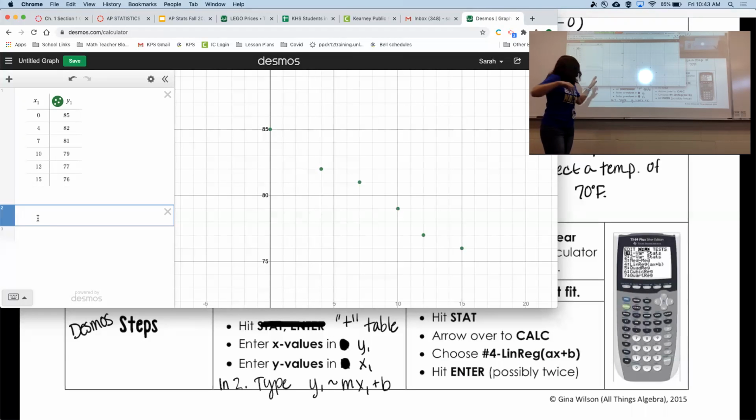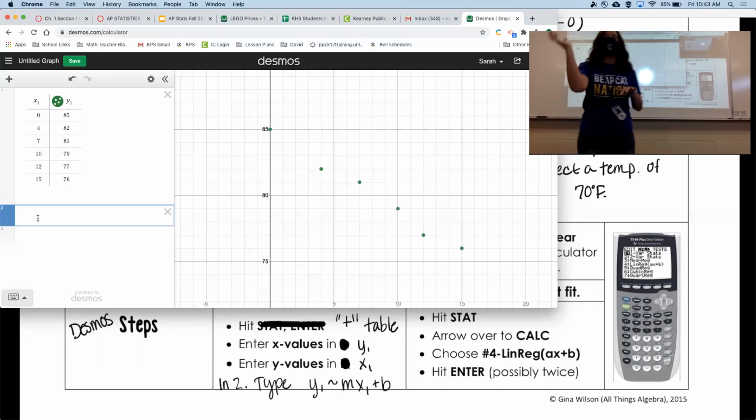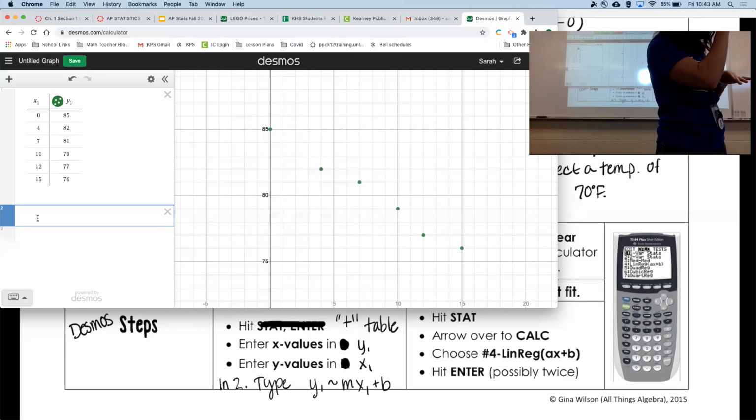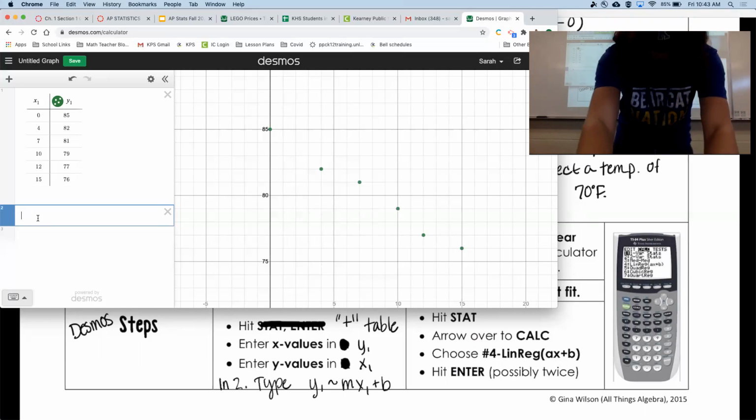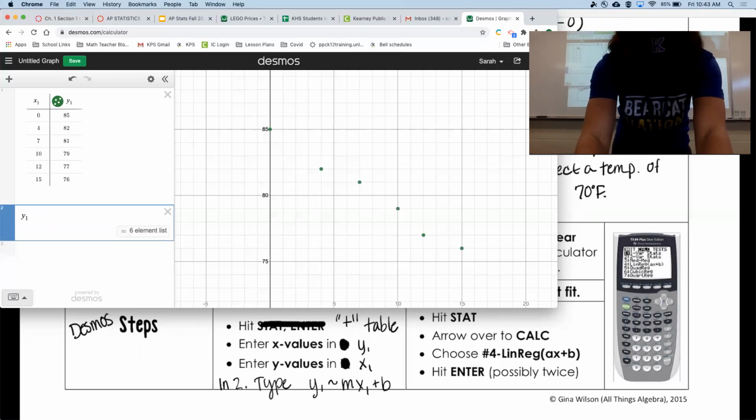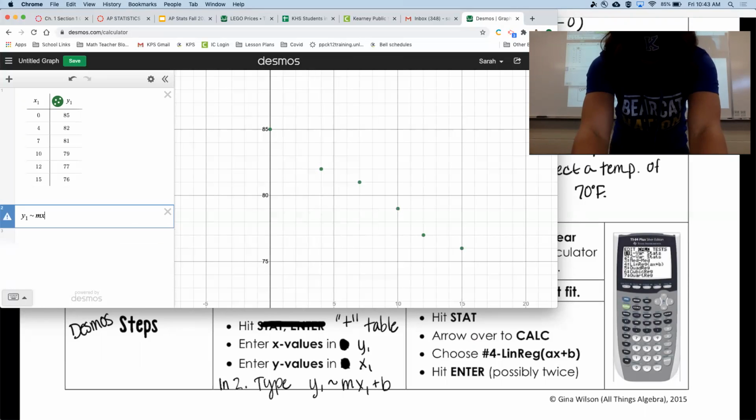Now the little sub 1 naturally goes small under your y if you just type a 1. So really you're just typing y1, and then the tilde is the shift and the button right up by your 1 key. Then mx1, which happens automatically, plus b.